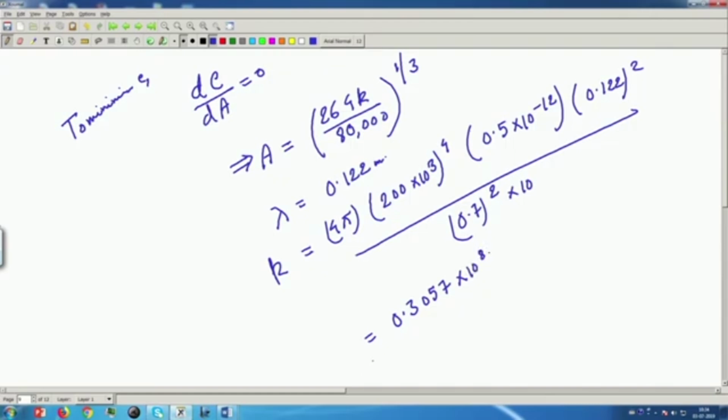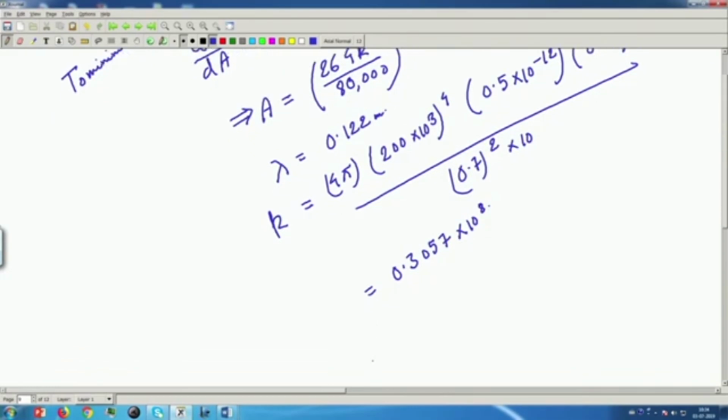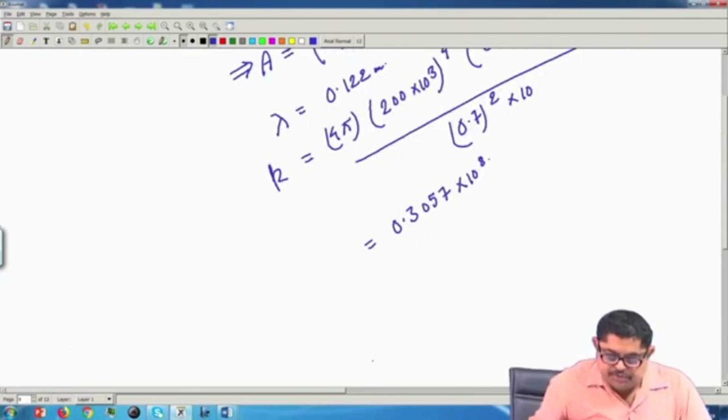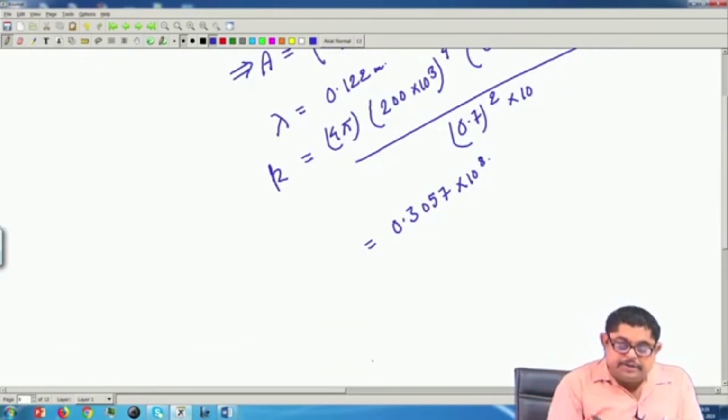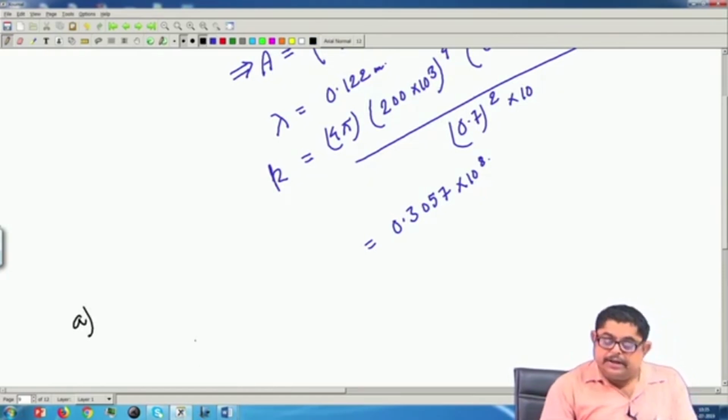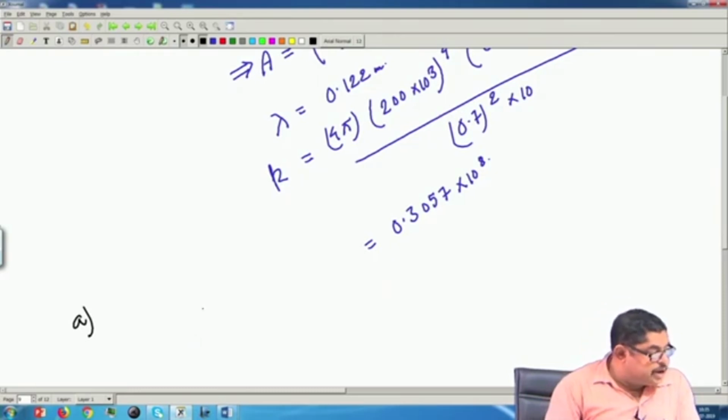So, we have got k, we have got the value of A which is making the cost minimum. So, now one by one we can answer various parts of the question. Part A, we already answered, that A is so much, what is the physical area.